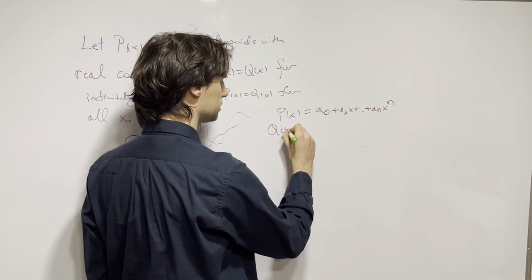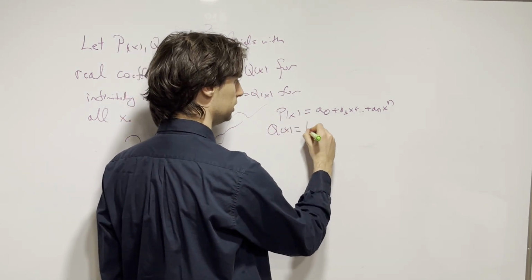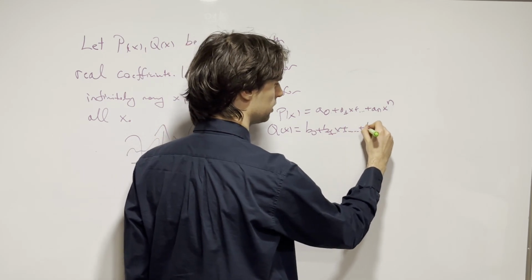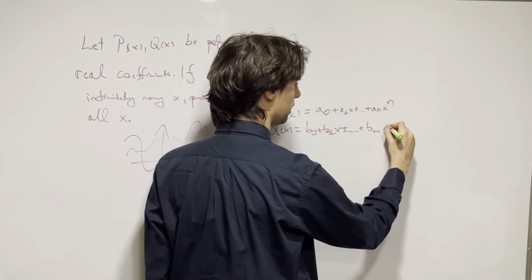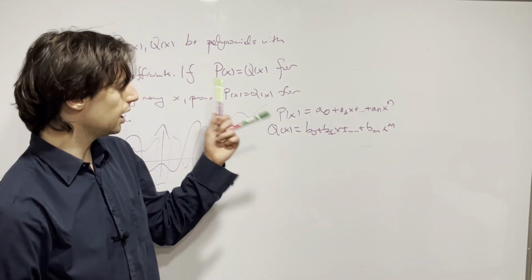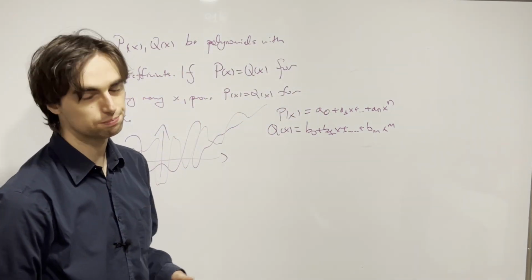And say q of x is equal to b0 plus b1x plus all the way till bm x to the m. Right. Let's assume that m is greater than or equal to n.